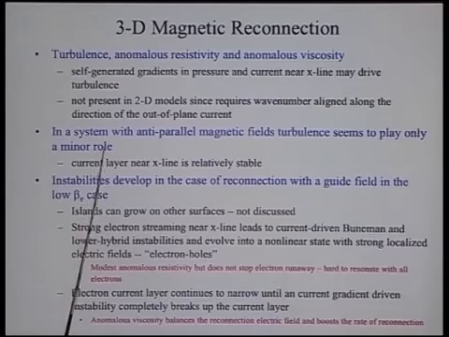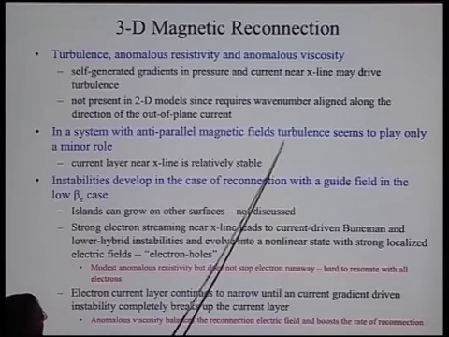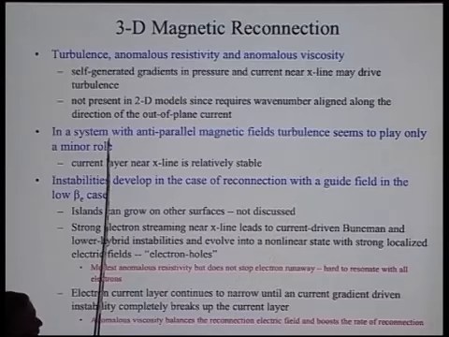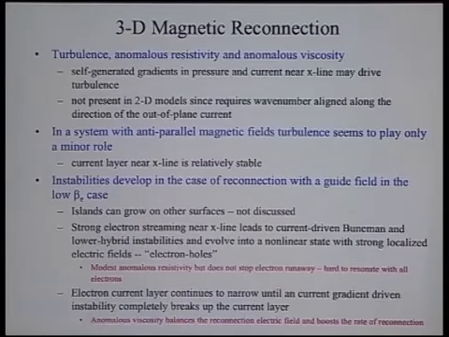So again, in antiparallel fields, I think turbulence seems to play a minor role, although Bill is doing simulations of MRX, which may reveal some turbulence, because MRX does see some turbulence, and I don't know why.